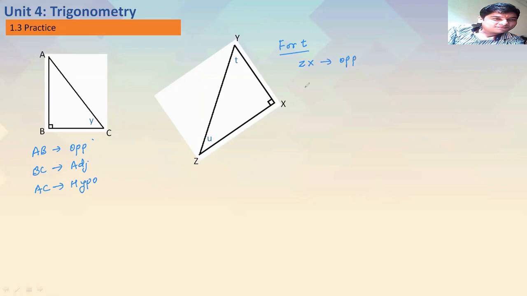And adjacent will be XY. Very good. Hypotenuse will be ZY. And if we talk about angle U, for U the opposite will be XY. Very good. XY will be opposite and ZX will be adjacent.